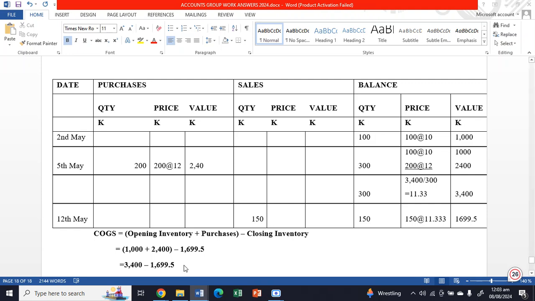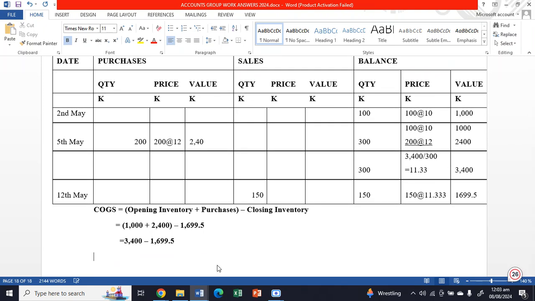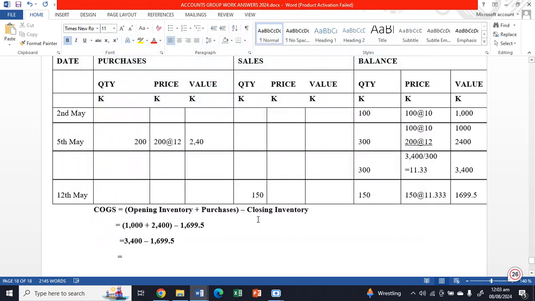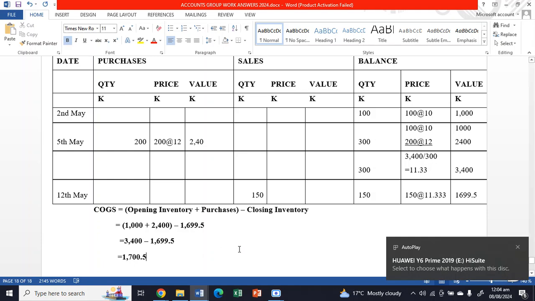So the cost of goods sold is 1,700.5. Any questions, queries?